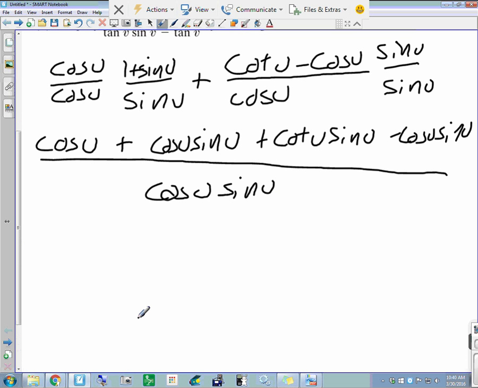Does it look like a mess? But I've got plus cosine u sine u here minus cosine u sine u over here. Those two just wipe each other out, didn't they?